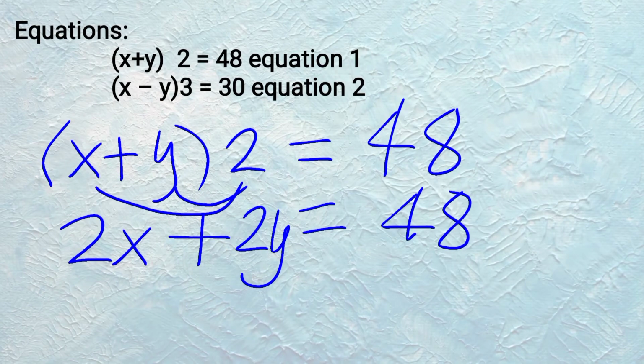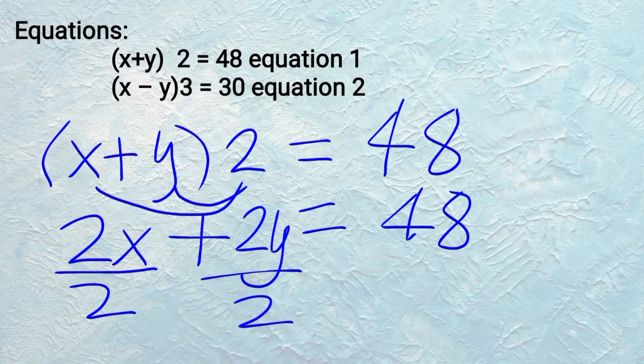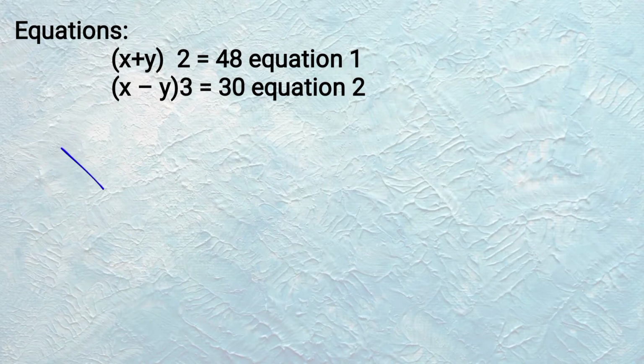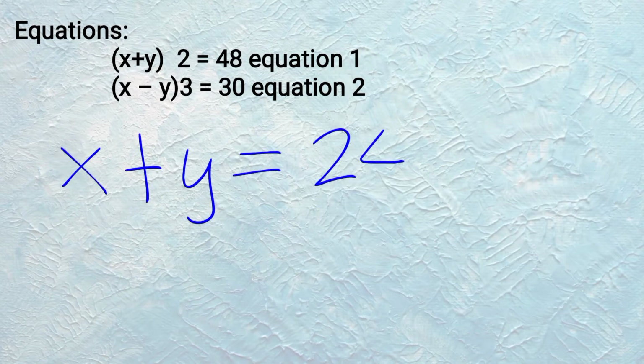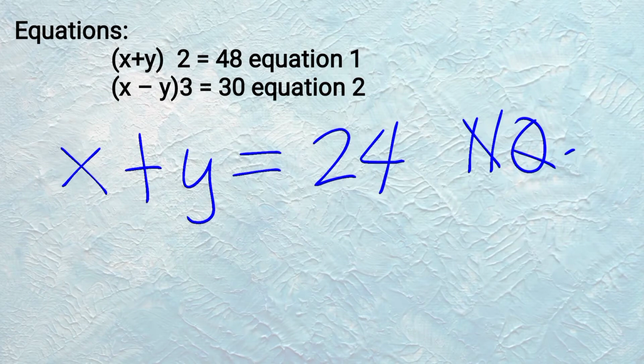As you observe, it is divisible by 2, so we can divide by 2 from the start. We then have x plus y equals 24. This is now the new equation that comes from equation number 1.